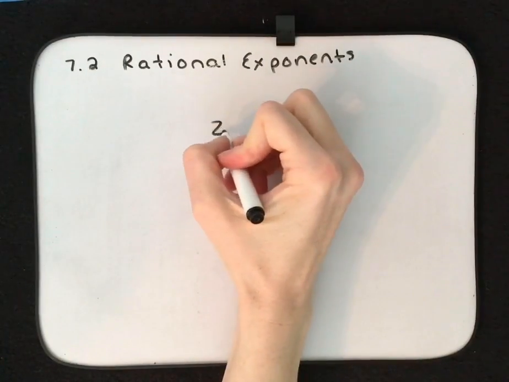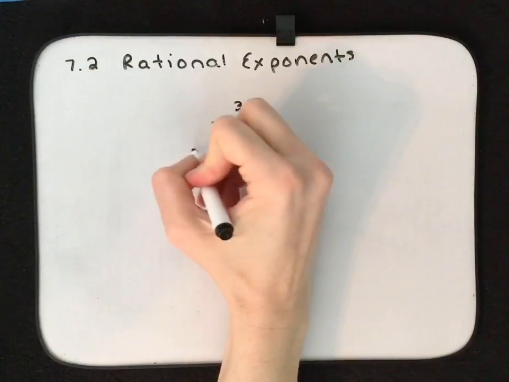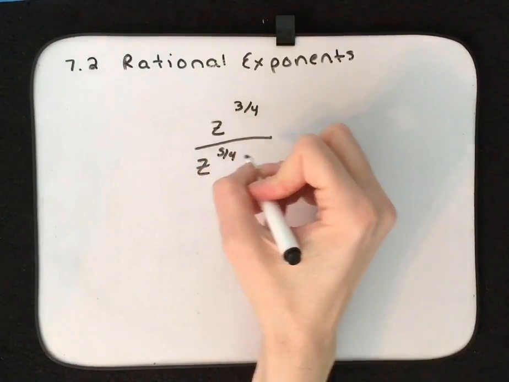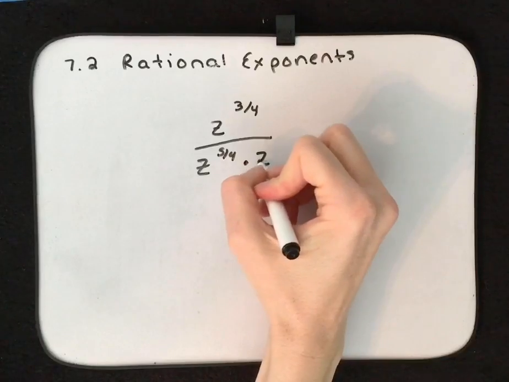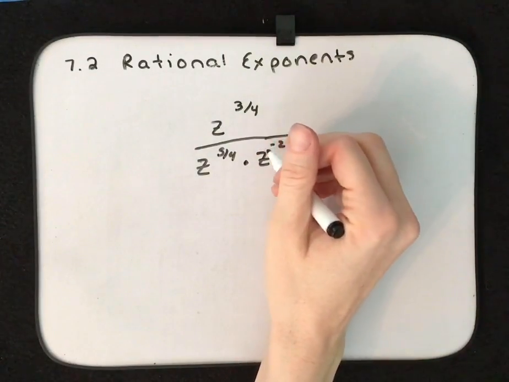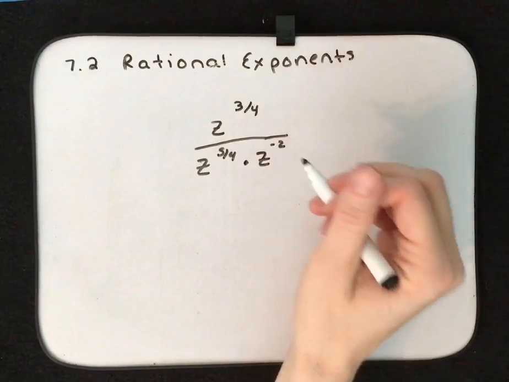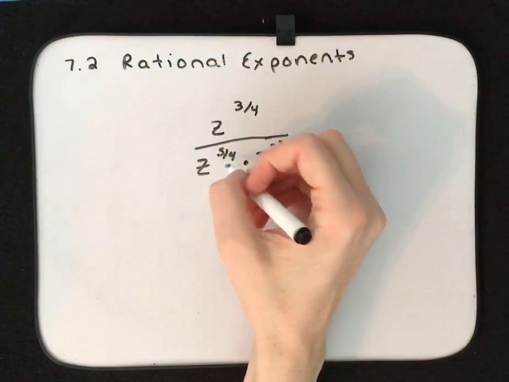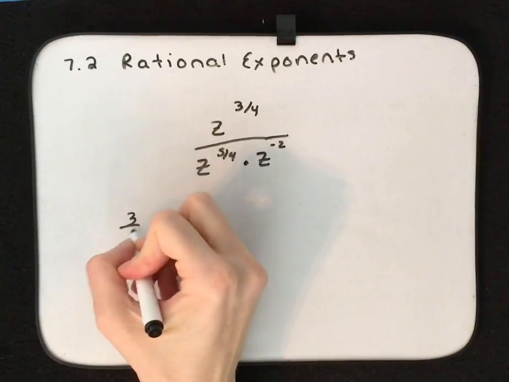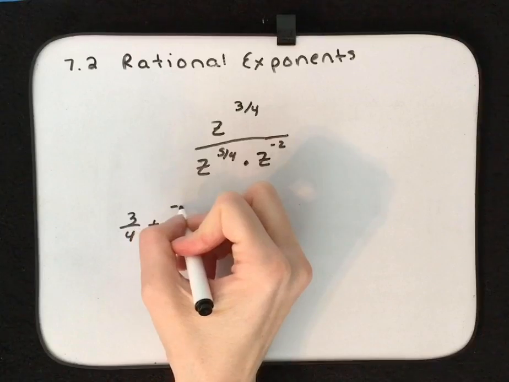If you have z to the 3/4 over z to the 5/4 times z to the negative 2, well, we could look at moving that negative 2, or we can simplify. In the denominator, we are looking at adding our exponents, so we would have 5/4 plus negative 2.